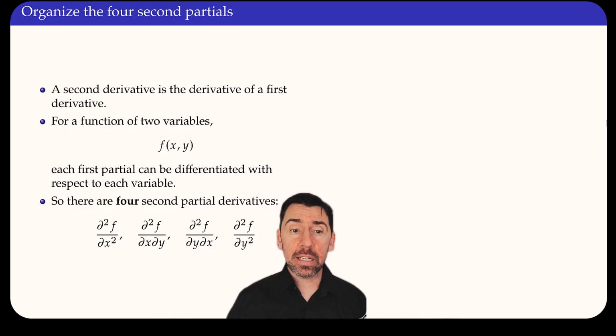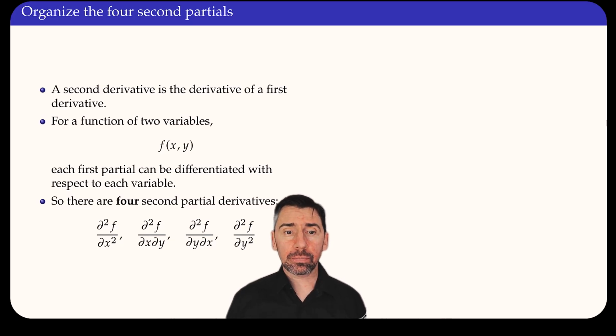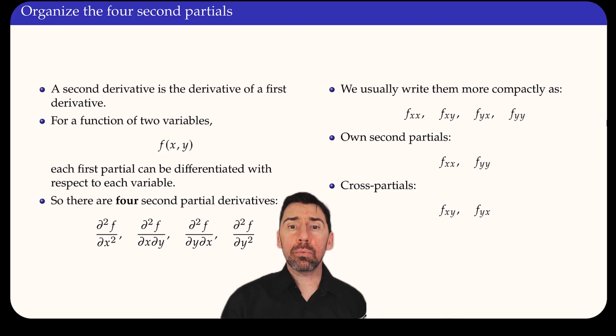The notation is a little bit cumbersome. You can see we've got the squared partials. We're not actually squaring anything, that's just notation that says it's the second derivative. We can write it more succinctly as f subscript xx for the second derivative with respect to x twice.